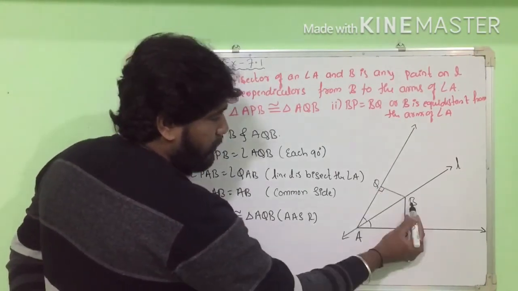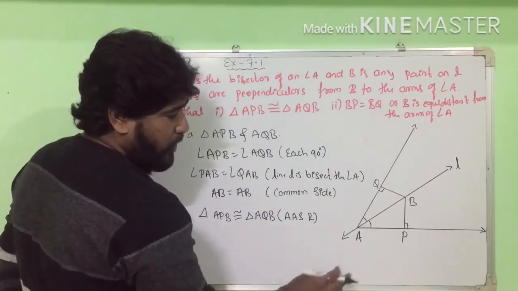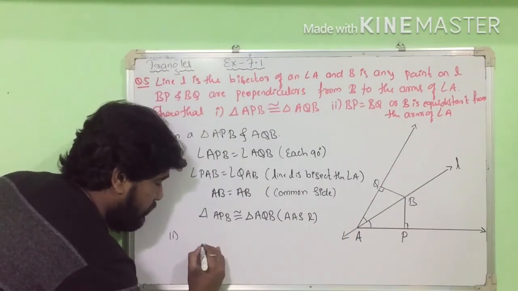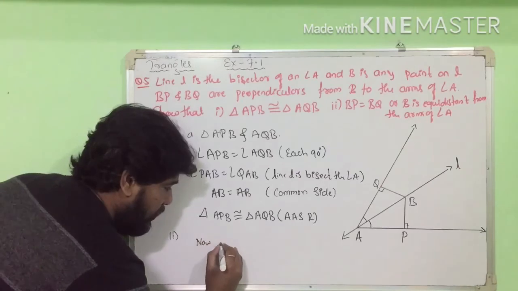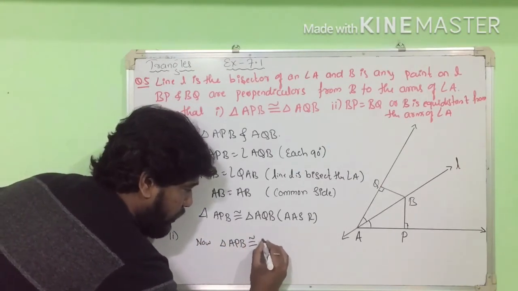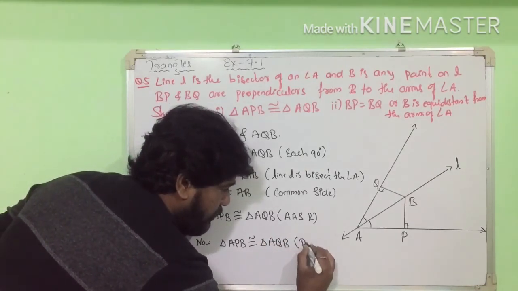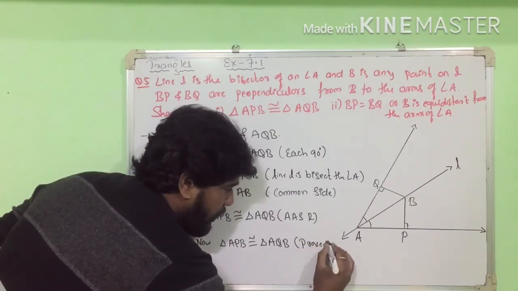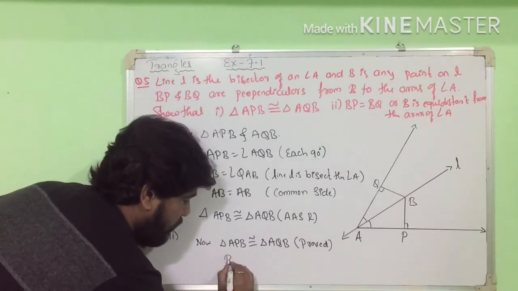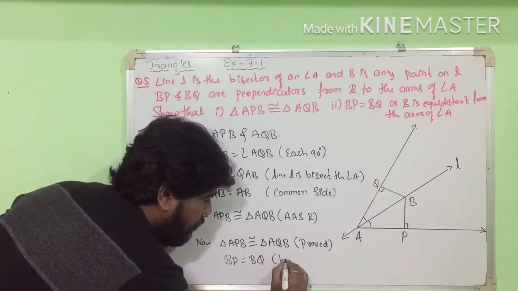So the second one, they asked BP is equal to BQ. These two triangles are congruent to each other, which means their corresponding parts are equal. So we can write, triangle APB is congruent to the triangle AQB, proved in 1. So these two are congruent, which means by CPCT we can write BP is equal to BQ.